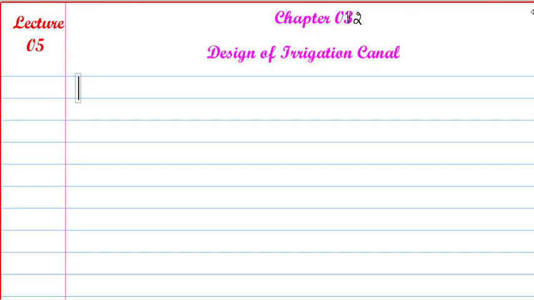Make a note and write a few important points. We need some efficient or economical system to take water to the field.